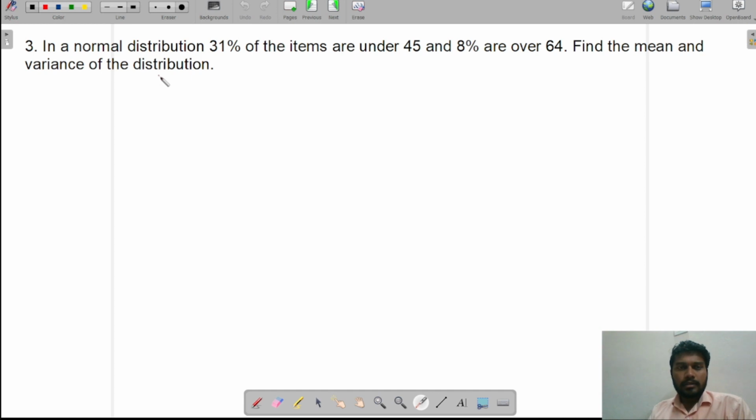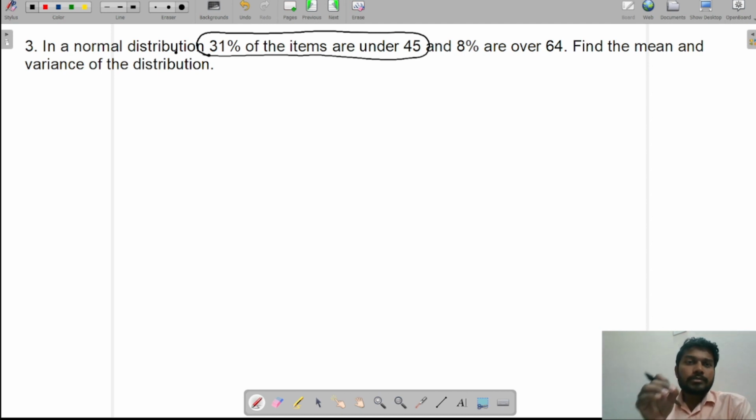Am I correct? Yes. Now my question: given here, 31% of the items are under 45. So how can you denote this in terms of probability?